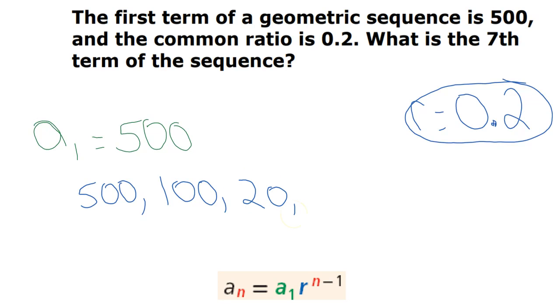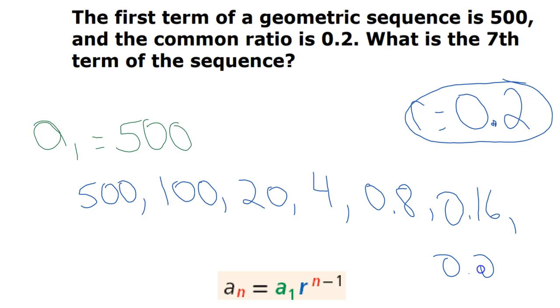I could do it again. 20 times 0.2, get 4. Times 0.2, get 0.8. Then 0.16, and if we did it one last time, we would get 0.032.